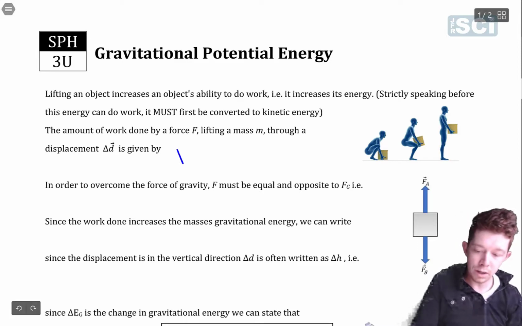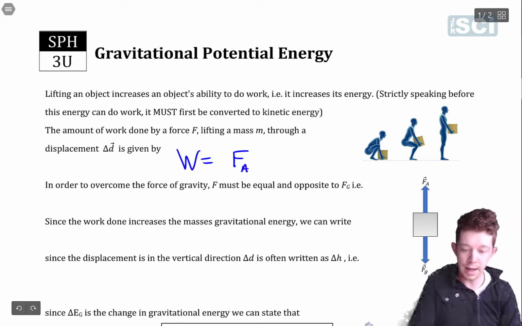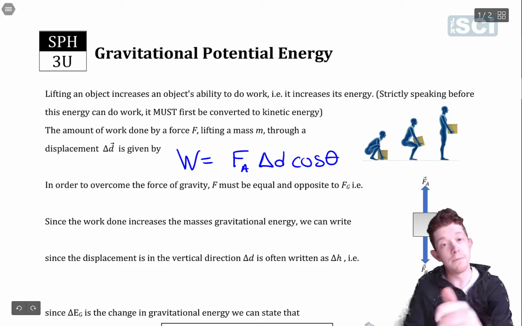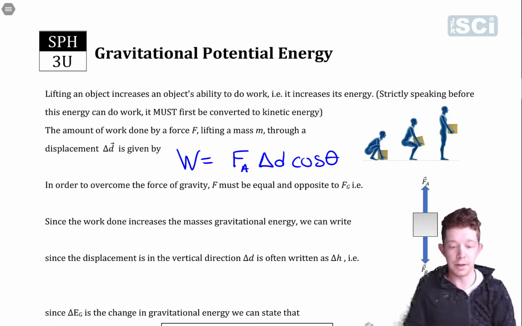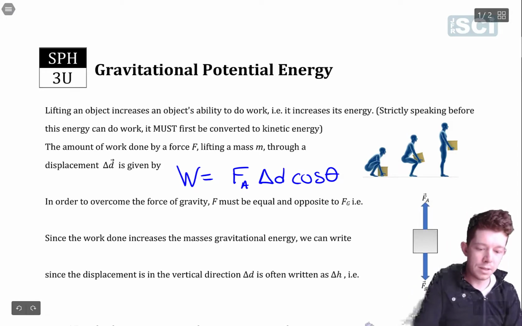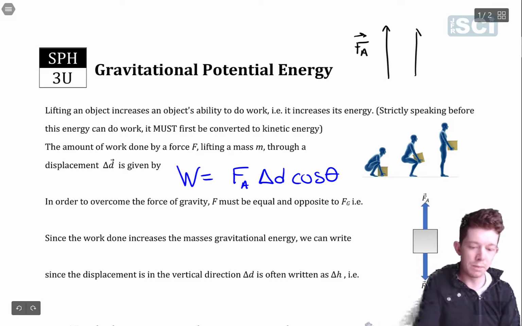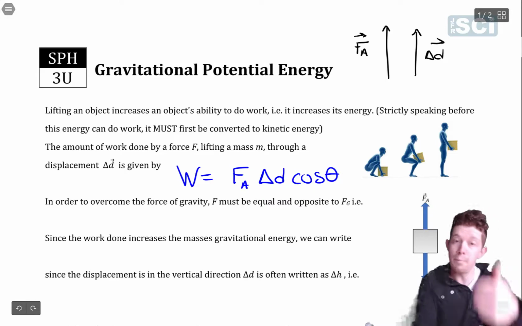And we know that work can be represented as the force applied on the object, so I'll call it FA, multiplied by the displacement and the cosine of the angle between the force vector and the displacement vector. So if I'm lifting an object up in the air, the force that I'm applying on it is acting straight upwards, and my displacement is also going to be straight upwards since I'm lifting the object up.